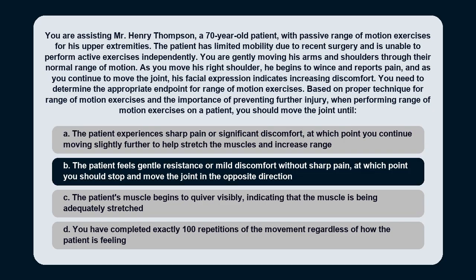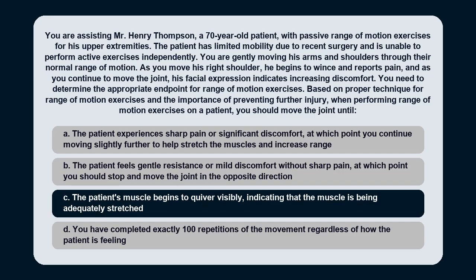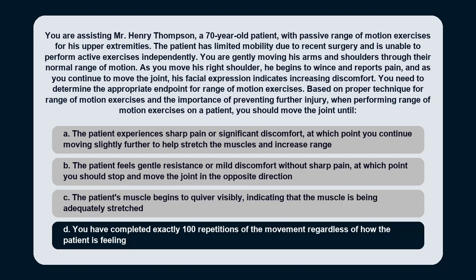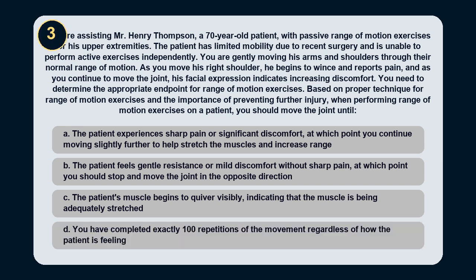Option B. The patient feels gentle resistance or mild discomfort without sharp pain, at which point you should stop and move the joint in the opposite direction. Option C. The patient's muscle begins to quiver visibly, indicating that the muscle is being adequately stretched. Option D. You have completed exactly 100 repetitions of the movement regardless of how the patient is feeling.